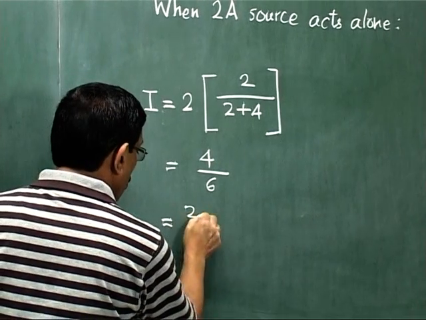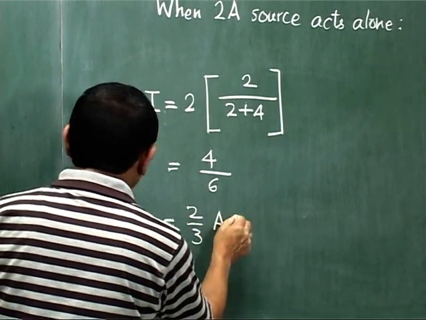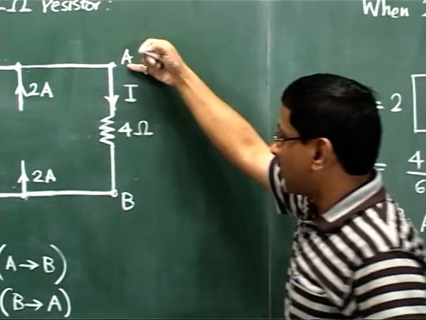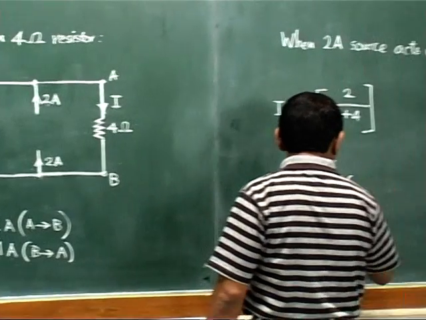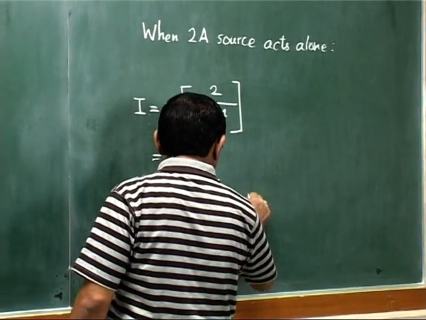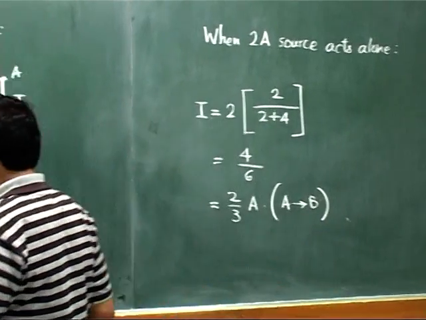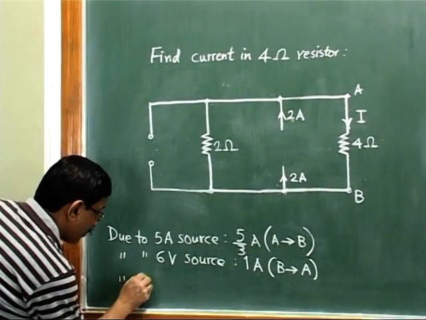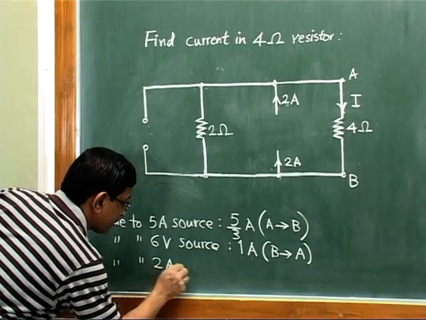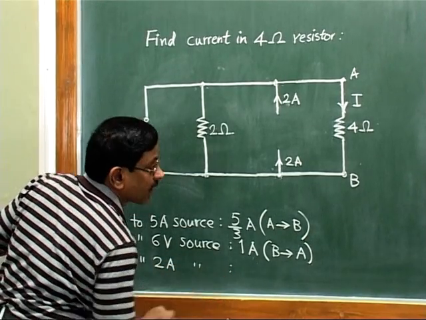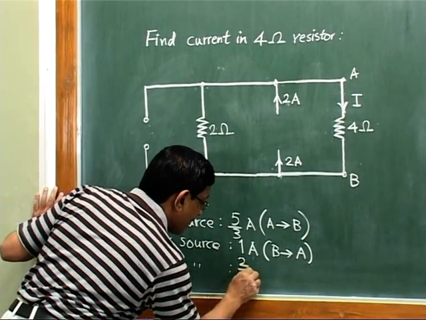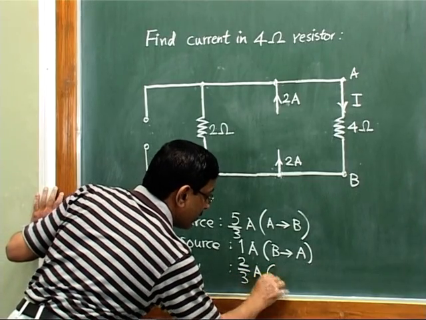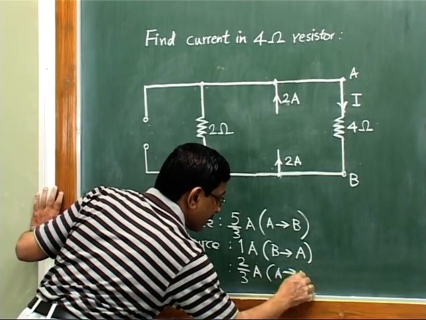And so it will be 2 by 3 ampere. Again, see what direction we get? We get the direction from A to B. So this current will be from A to B. And so third result we write here, due to 2 ampere source, what will be the current? Current will be 2 by 3 ampere, but its direction will be from A to B.